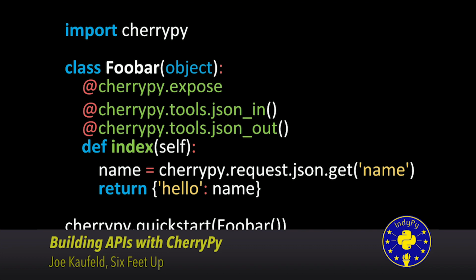But if you tell it to not force JSON, then if JSON isn't in the request, it won't put on the JSON object here. So you can just check to see if CherryPy.request has attribute JSON, and you can see very quickly whether or not the user actually sent you the stuff that they were supposed to send you. So that's kind of nice. I really like that. So that's the end of my slides.